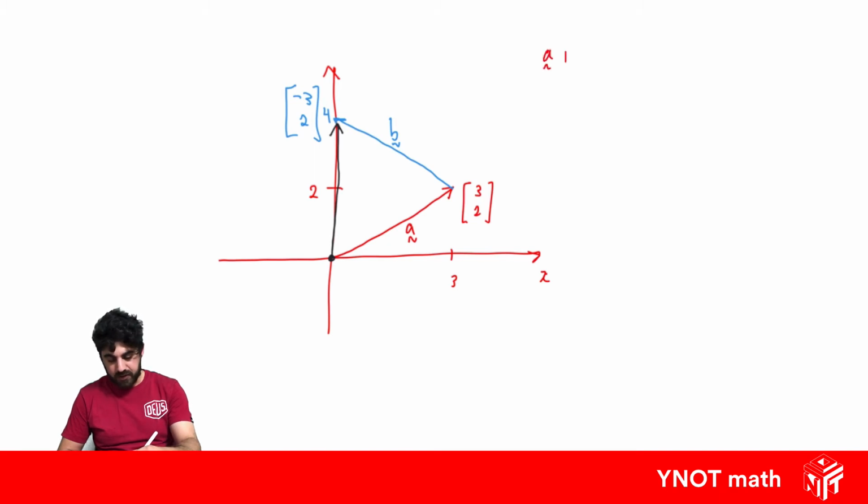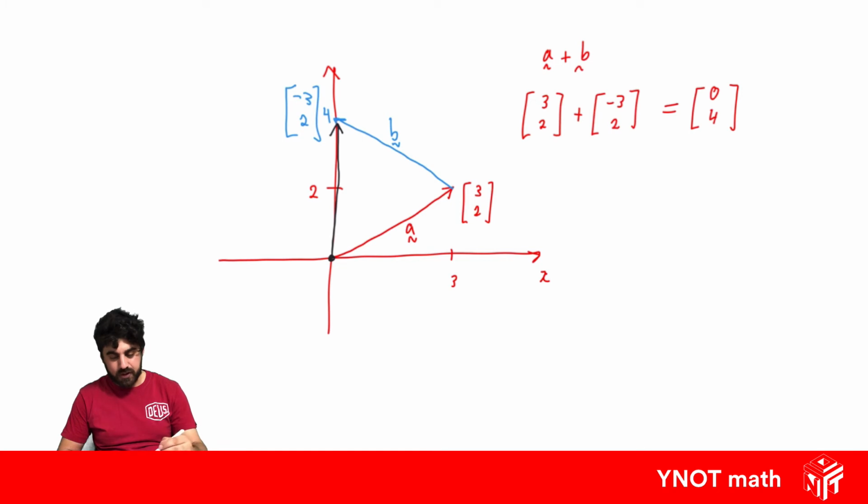So if we're looking at the vector A plus B, that's just going to be the column matrix for A, which is 3, 2, adding the column matrix for B, which is -3, 2. 3 plus -3 gives us 0, and 2 plus 2 gives us 4, and you can see we do get the column matrix 0, 4, which defines this here.